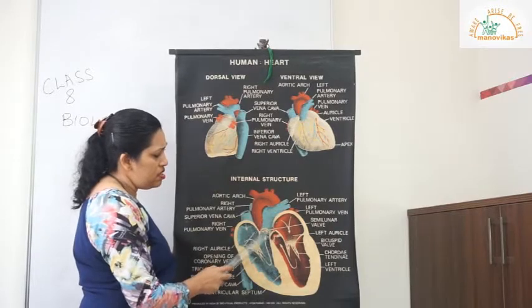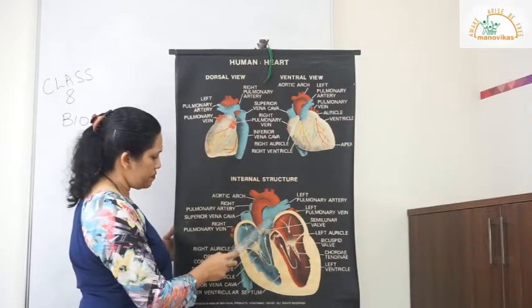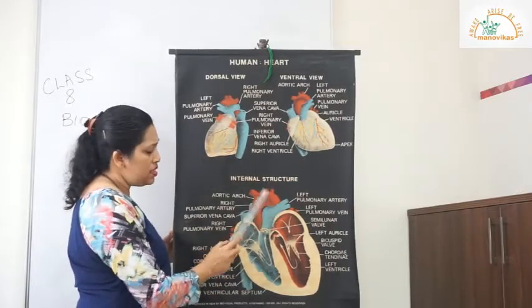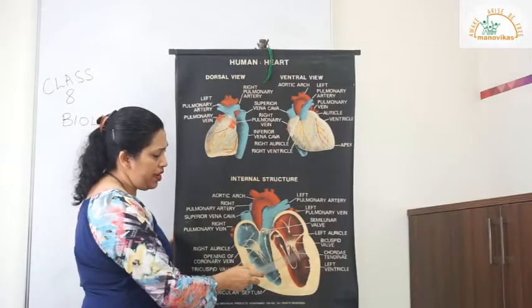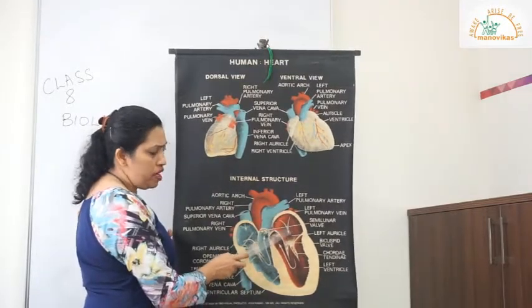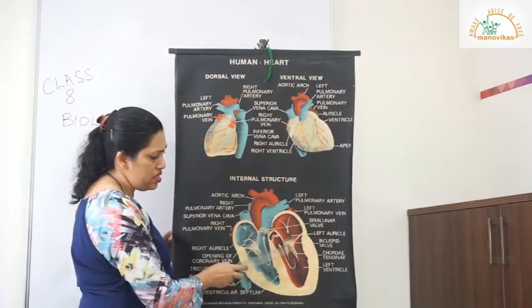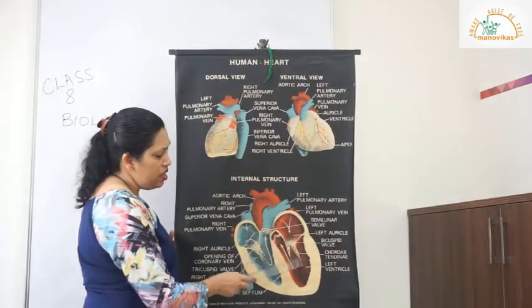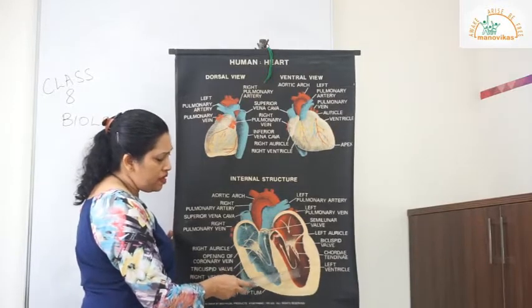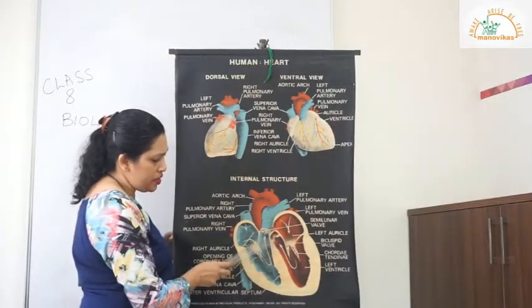The same thing happens on the other side: the pure or oxygenated blood which has come here goes to the ventricle. When the ventricle is filled, the blood is pushed into the aorta.